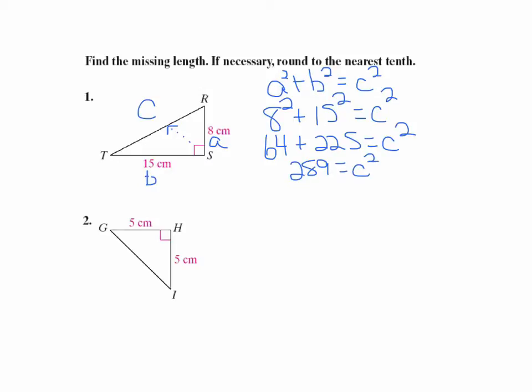Okay, now think a minute. If C squared is 289, how am I going to find C? What would the inverse operation to C squared be, or to squaring a number? It would be the square root. So right here, we're going to take the square root of both sides.